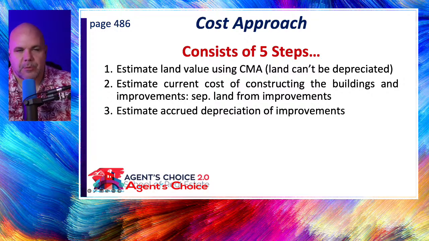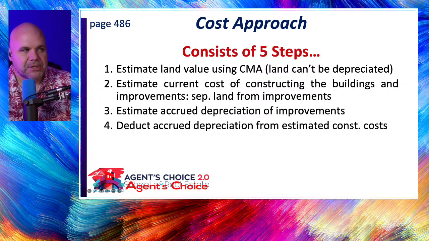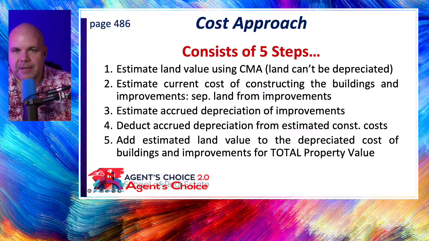We're factoring in the depreciation. We're going to subtract that depreciation from the cost to build it new. Then we're going to add the amount we said the land was worth back to that number to end up with a total property value. Because all we have to go on is what something would cost to build.